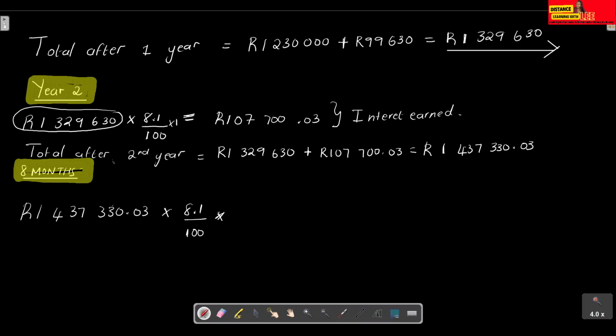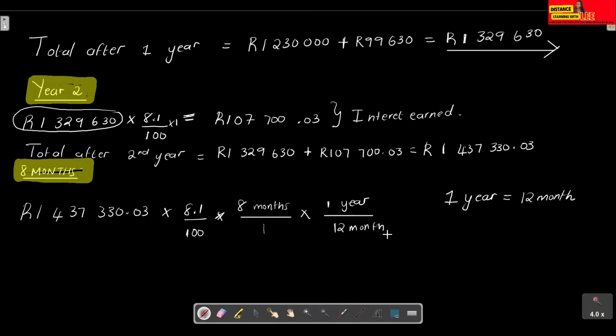How can we convert? We already know that 1 year is equal to 12 months. So we're going to multiply this 8 months by what you want, which is 1 year, divided by what you have, which is 12 months.